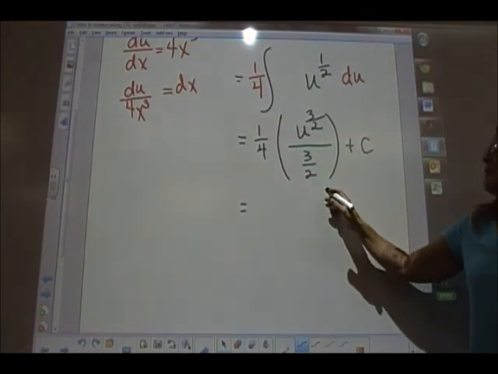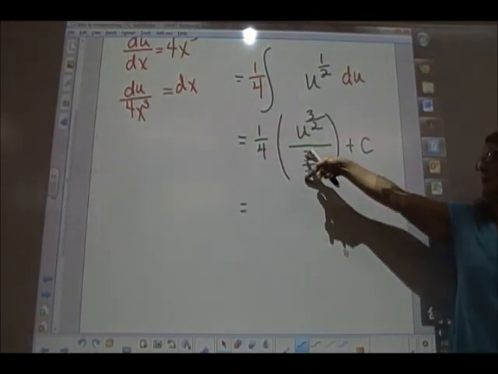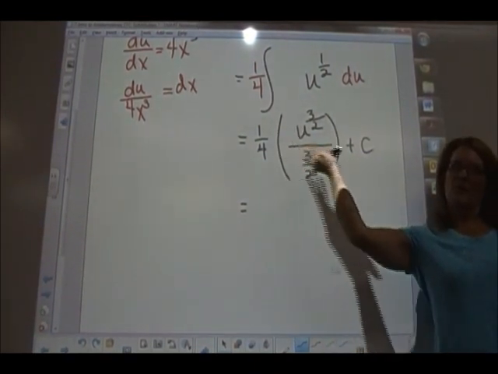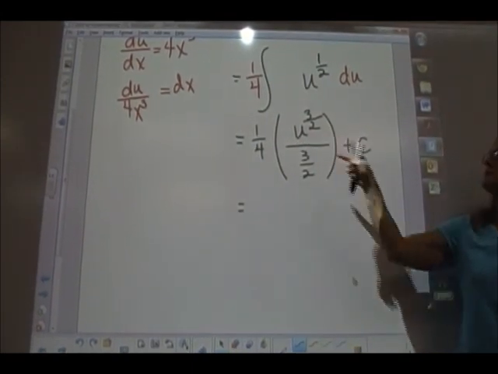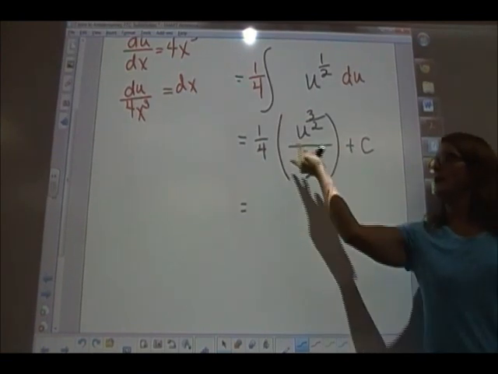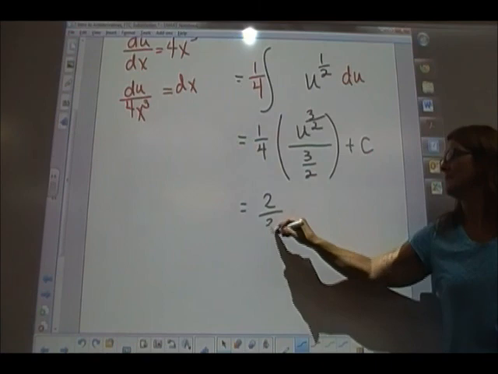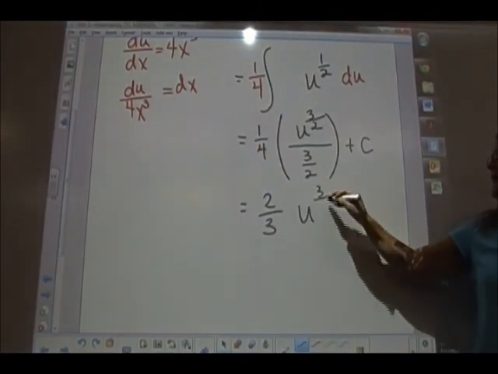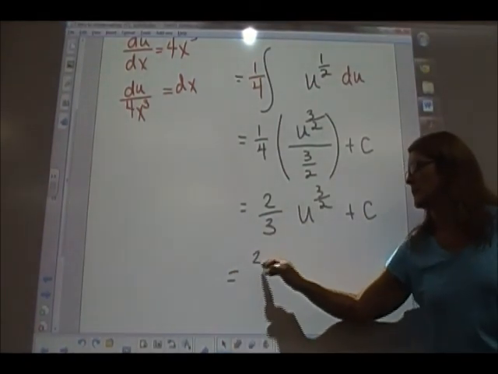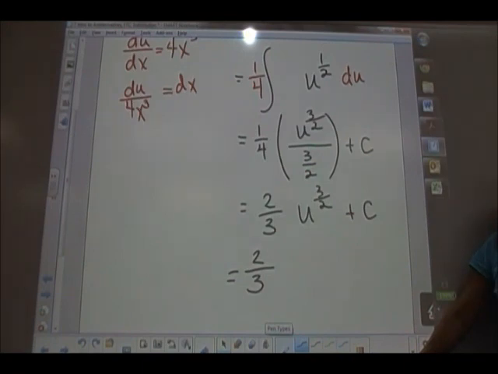Please let's simplify this because I would never want to have to enter this into WebAssign. Is it like 2 times 2u to the 3/2? Flipping and multiplying. What did I do wrong? Did I add wrong? So 2/3 u to the 3/2, and we let u be what? What happened to the 1/4?